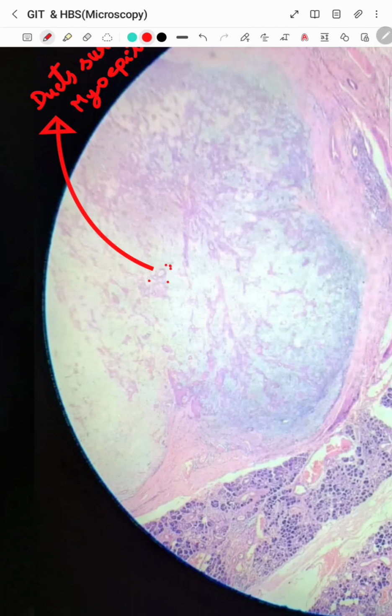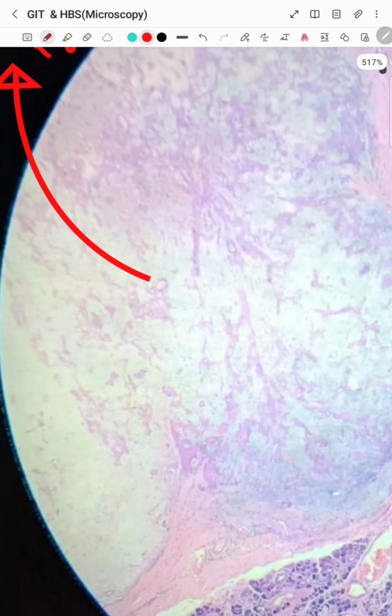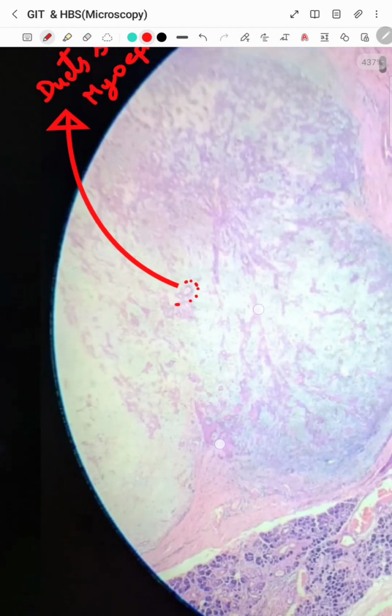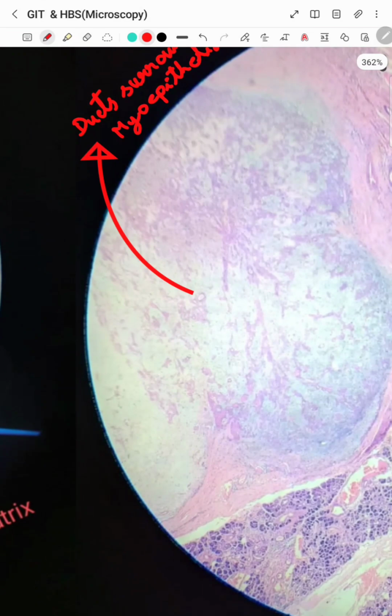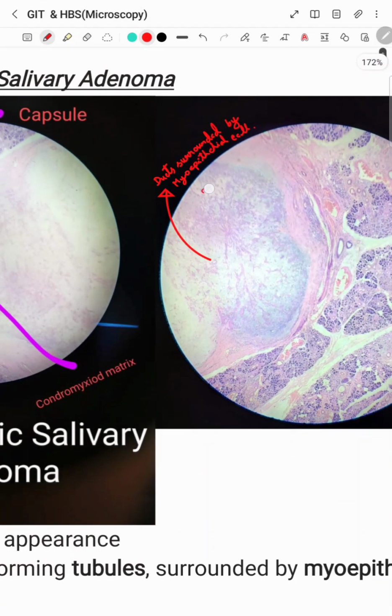We cannot see it properly because it is 10x or 40x zooming, but here you can see the duct. And myoepithelial cells are surrounding the ducts. The ducts are formed by the tumor cell, and here you can see the bluish area. It is the chondromyxoid matrix.